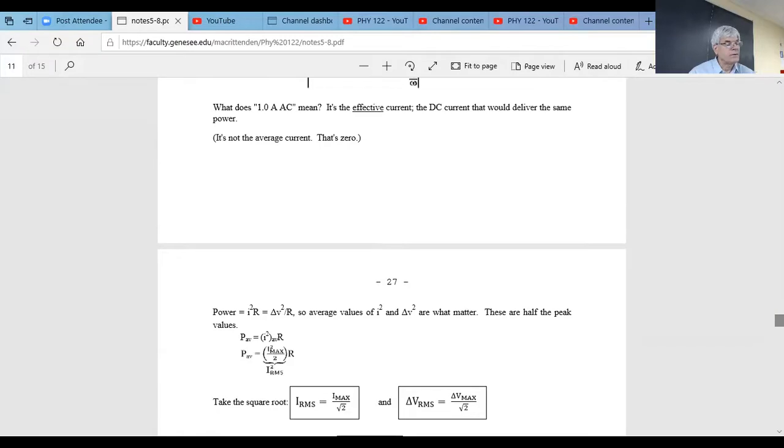So to calculate the average power delivered by an alternating current, we're not so much interested in the average values of I or of V, which, as I just said, those are 0. What you're actually interested in is the average value of I squared, or the average value of V squared, because those are the things that are proportional to the power, and the power is the thing that's proportional to how brown your toast is.